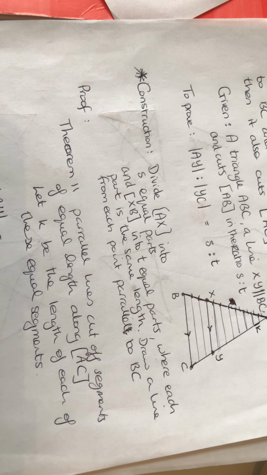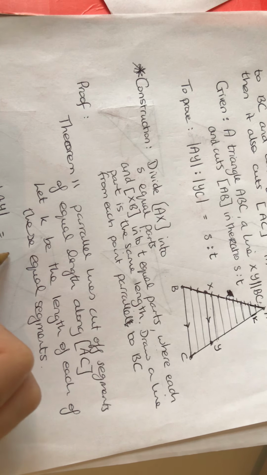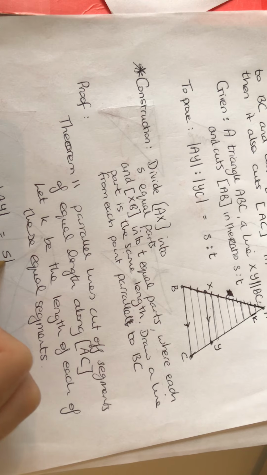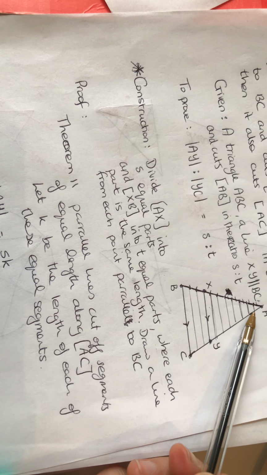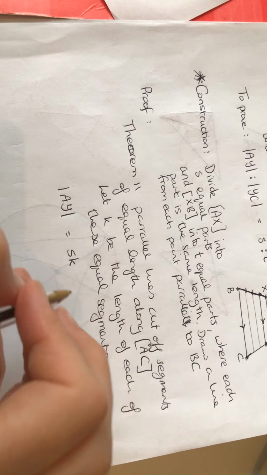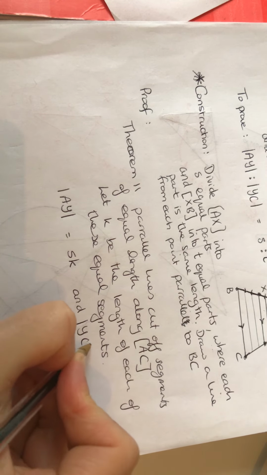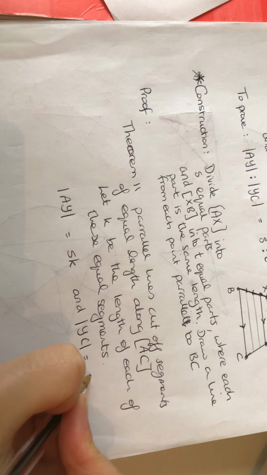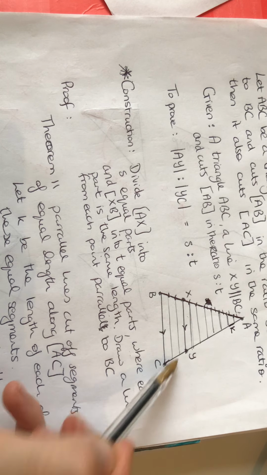Right, so AY is equal to S times K. Think about it. If there's 8 here and they're all 2 in length, that means this is 16. And YC is T times K. Again, if there's 3 of them and they're all K in length.